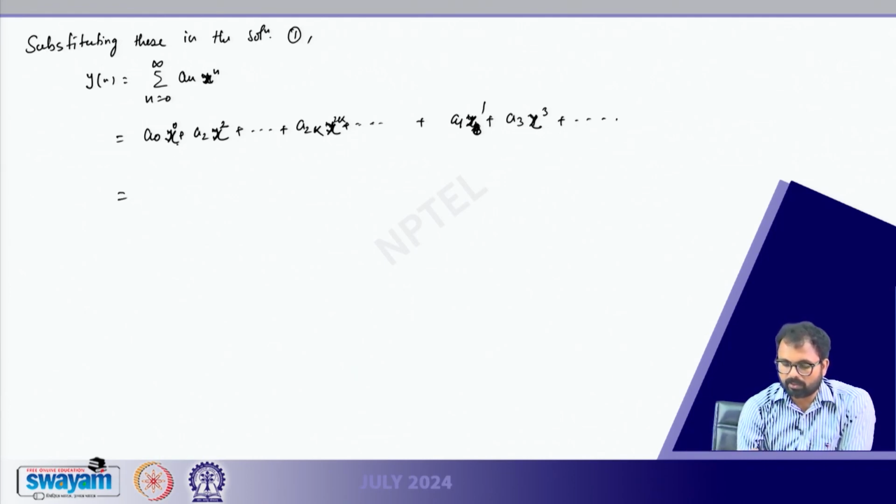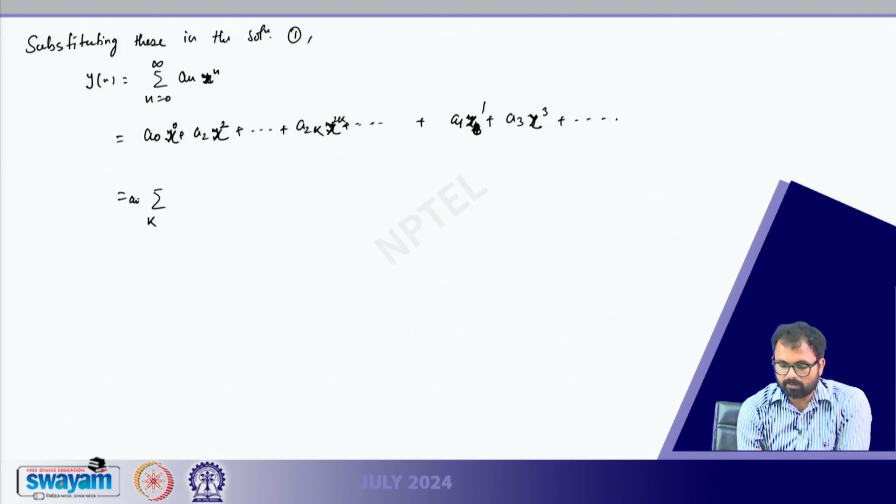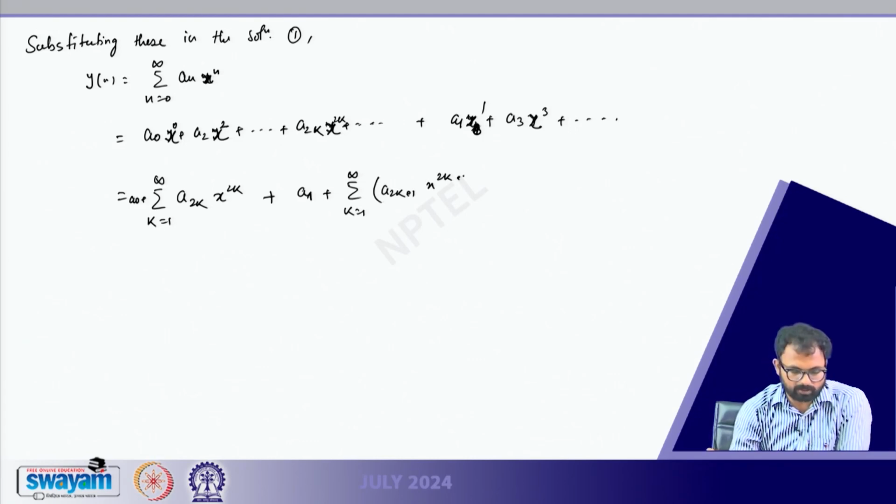So, a0 x to the power 0 is simply a0 and x square is given by, so we've seen that, so here we can summarize this as a0 plus summation k running from 1 to infinity a 2k x to the power 2k, and here we will have a1 plus summation k running from 1 to infinity a 2k plus 1 into x to the power 2k plus 1, right. So, I will substitute a2k.